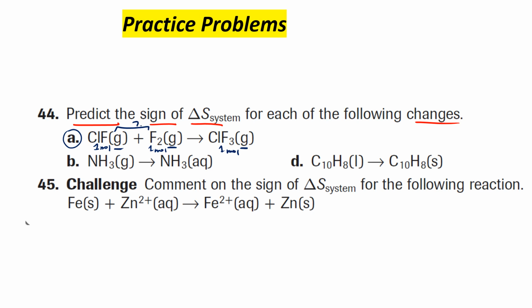So in here we have a total of 2, and here we have a total of 1. So what happened to the number of moles? They decreased, right? So the number of moles decreased. So what should happen to the delta S? It should be less than 0 because the number of moles of gases decreased.